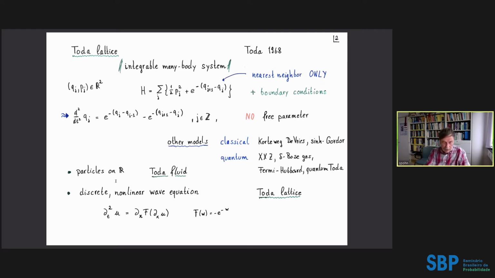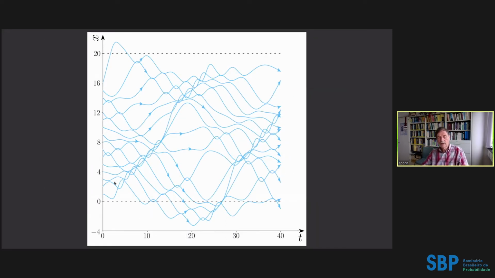All right. So the next picture I want to show you is for the Toda fluid, and I want to teach you one very important thing. It's a very simple numerical simulation. Here is the running time, and here I have 16 particles which start at particular positions, and you see that these particles are moving on a ring, or on a circle of size 20.